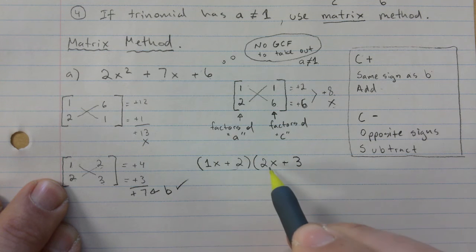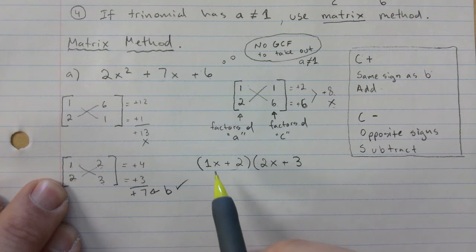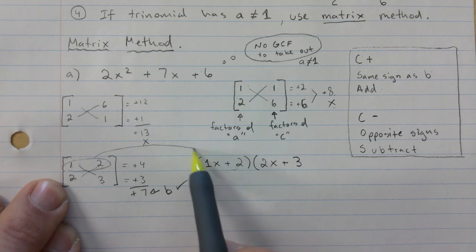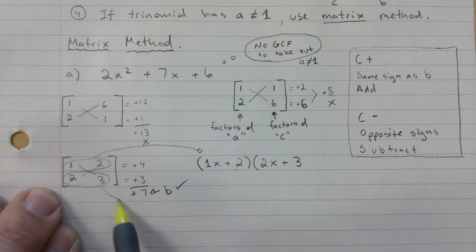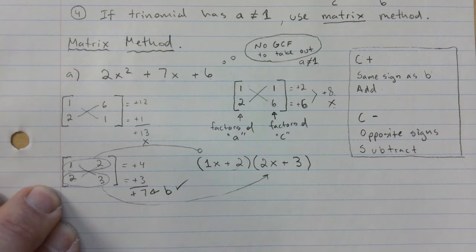So you have to have a variable, right? What is the variable in this case? It's x. So it's 1x plus 2, because we take this pair and we plug it in here. And then we take this pair and we plug it in there. Close brackets.